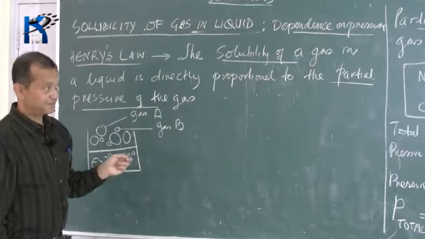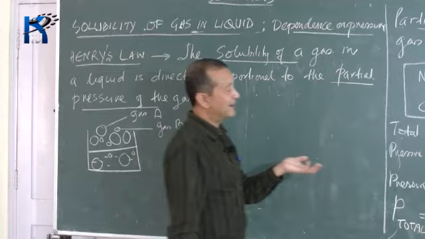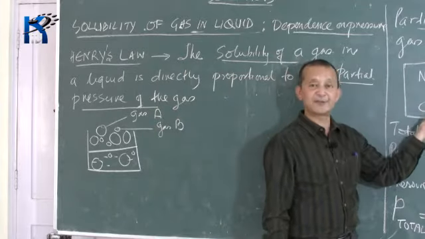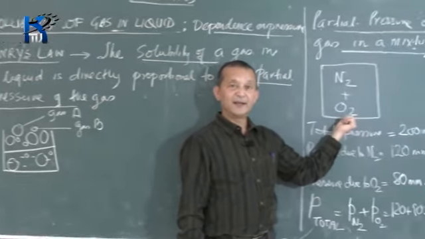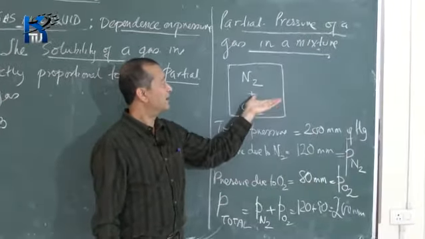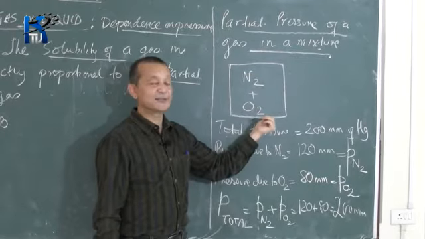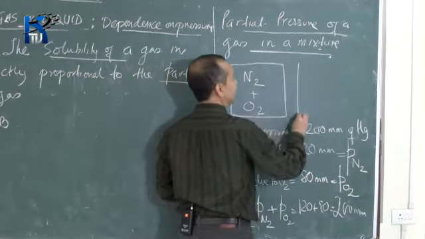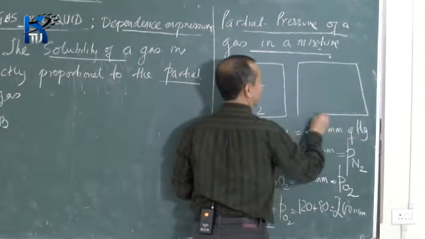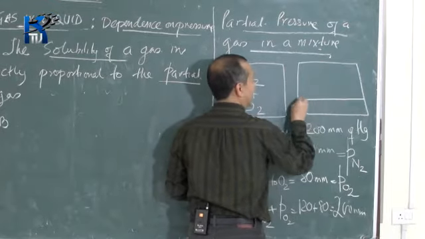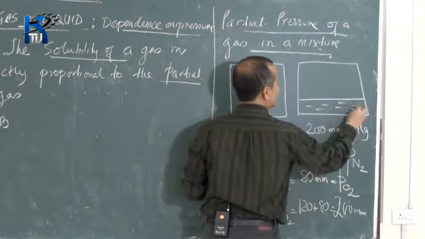So, if we have a situation like in this case nitrogen and oxygen, you have a box containing nitrogen and oxygen. Supposing you can just imagine that this nitrogen and oxygen is in a box, and on the bottom of the box we have some water.